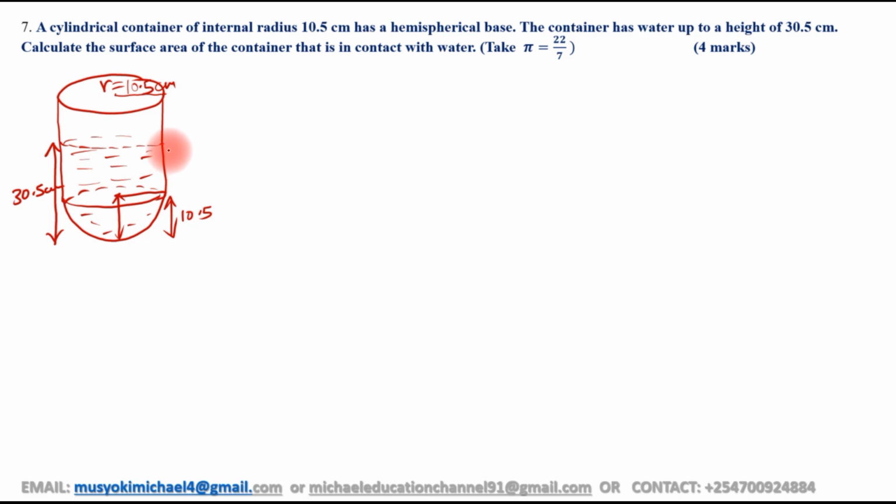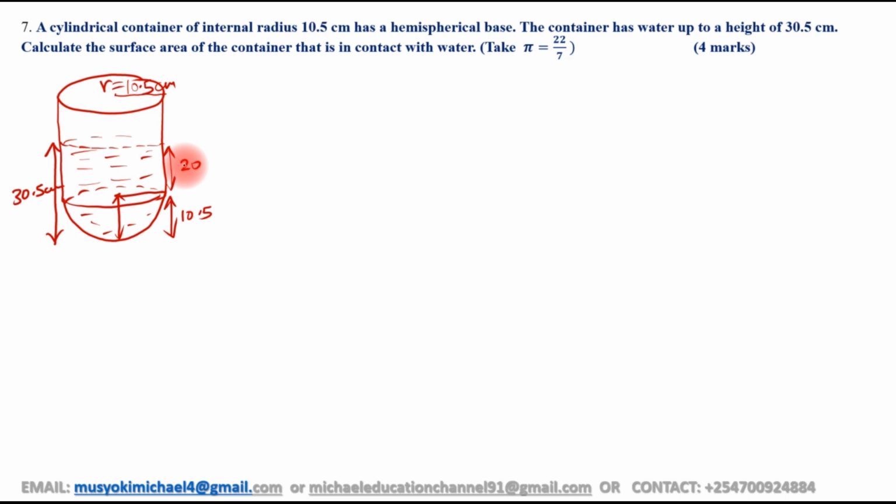So the remaining part, the cylindrical part, will be 30.5 minus 10.5, which is 20. That gives a total of 30.5 centimeter. The trick is actually there. A student needs to identify that the radius of the hemispherical part is also included in the 30.5. So the part of the cylindrical part that is in contact with water is 20 centimeter.